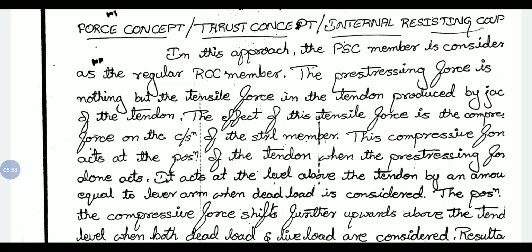That is, the compressive zone gradually shifts upwards and the tension zone gradually shifts downwards. In this situation, the distance between the tendon and the maximum compressive stress level above the tendon is called the lever arm. That is, the distance between the compressive stress and the tendon.